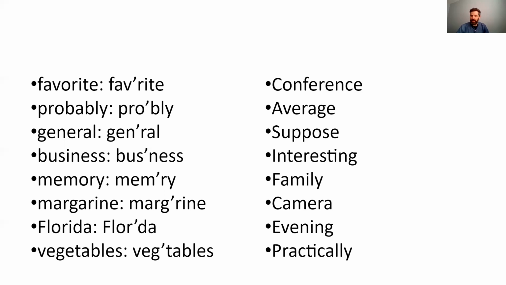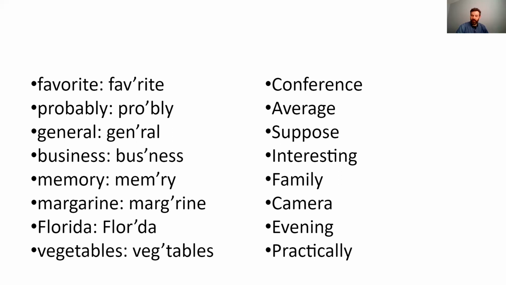If you'd like, you could pause the video and practice pronouncing these words, identifying where the primary stress is, and then making a guess at where an English speaker might reduce and maybe drop an unstressed vowel sound.